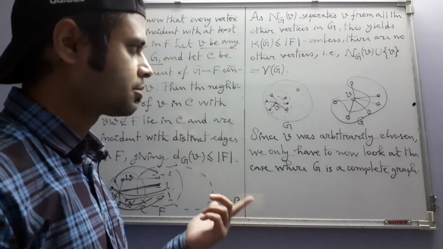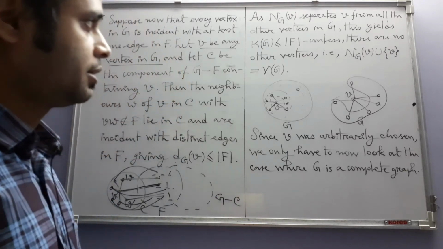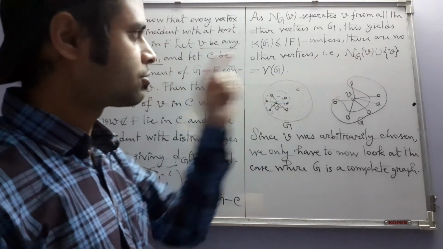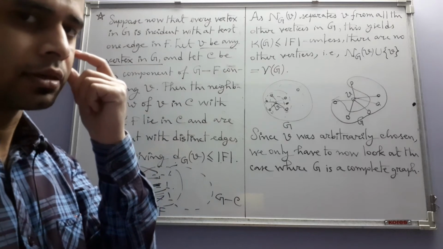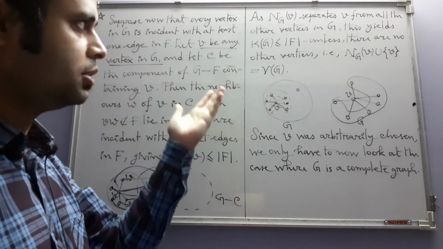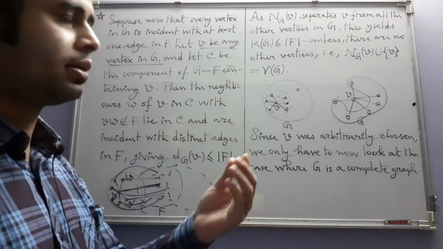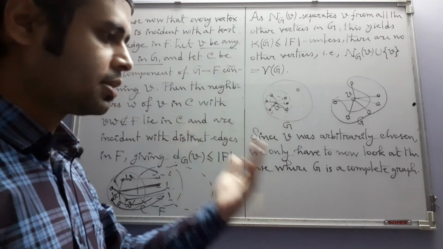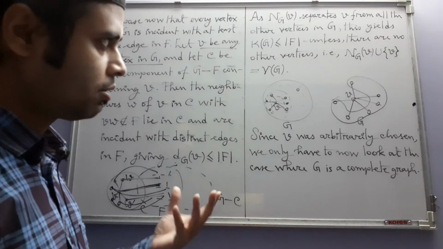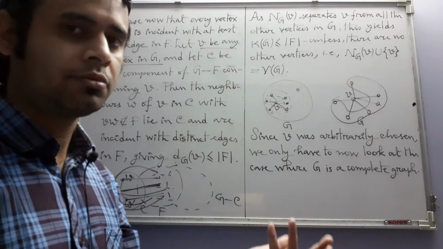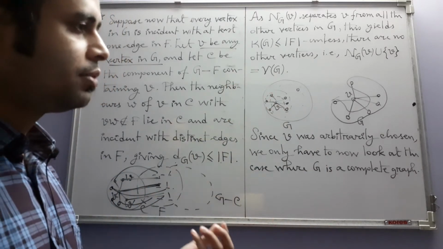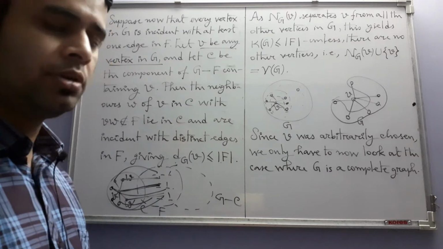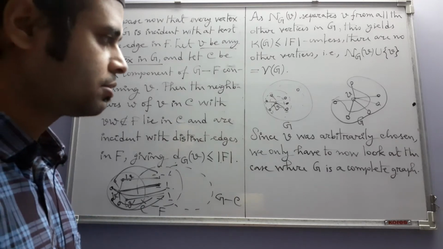Naturally, because that is the only case if this is true for all the vertices of G, because then whatever vertex you choose, all the other vertices in G should be neighbors of that vertex. In other words, every vertex is adjacent to every other vertex. That's why G is complete.